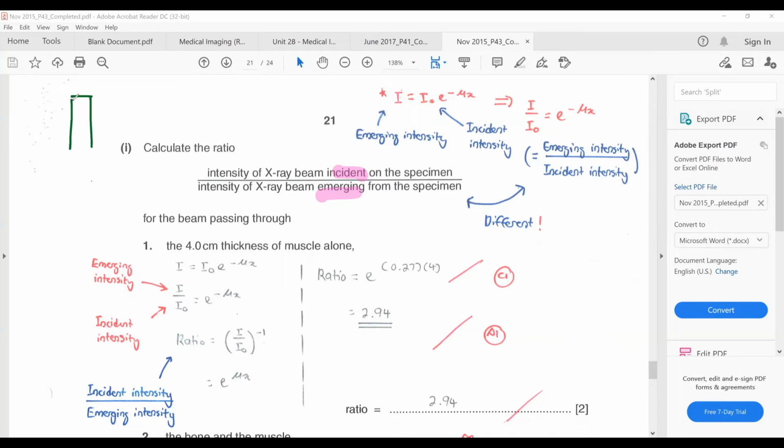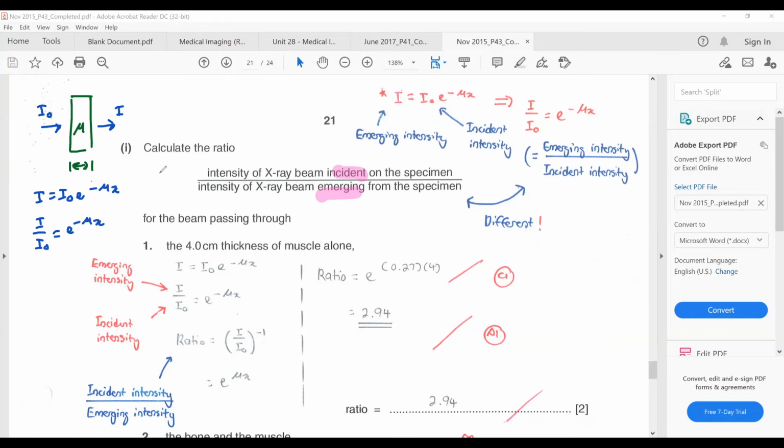If you have a medium of attenuation coefficient mu, thickness x, and then you have incident intensity I naught and remaining intensity I, this will be I equals I naught exponential negative mu x.